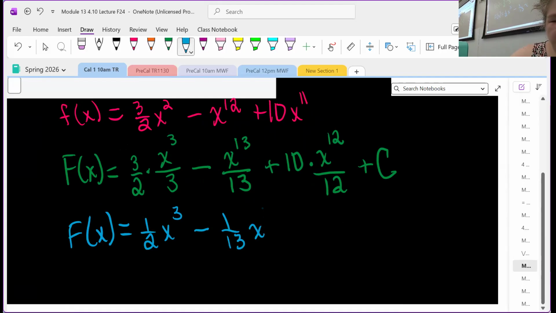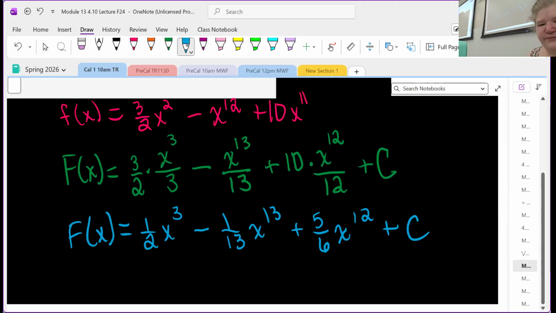Minus 1/13 x to the 13th plus, now the 10 and the 12 are both even, so they reduce. So that is 5/6 x to the 12th, and then plus c. I usually like to write the constants as fractions in front, just so that way I can clearly see the coefficient of the term versus the term itself. But for web work doesn't care which way you type it.